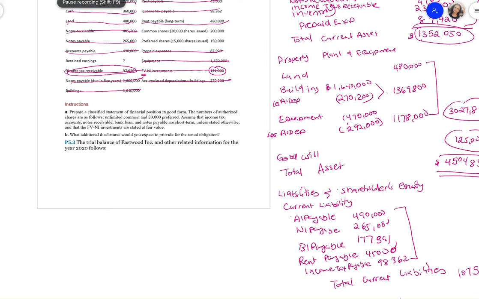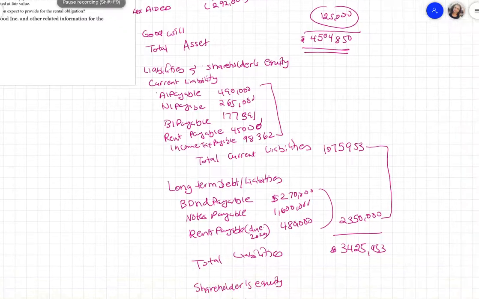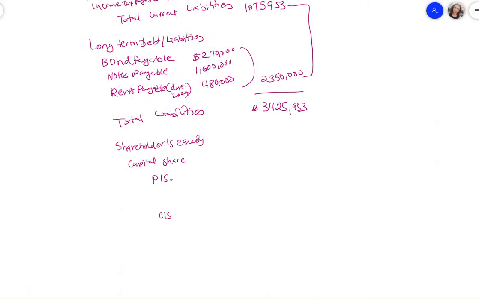So we needed to put in how many were authorized and how many were issued, so the users of the financial statements can see that. So we have preferred shares: 20,000 shares authorized and 15,000 shares outstanding.